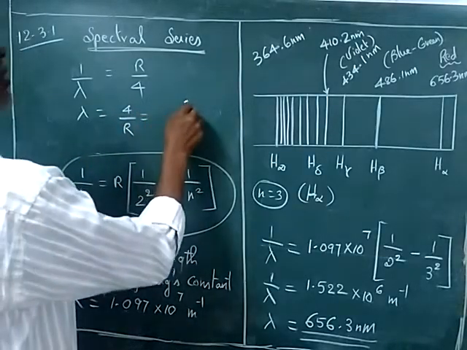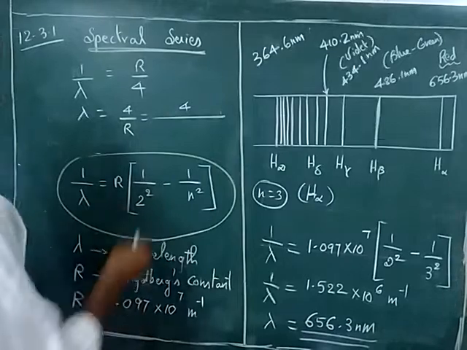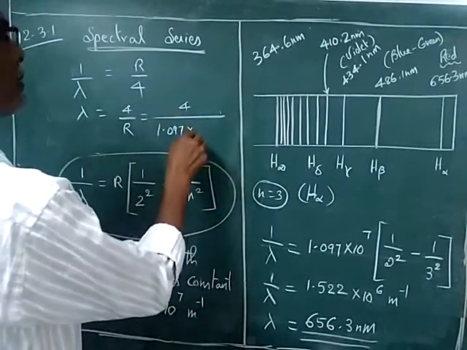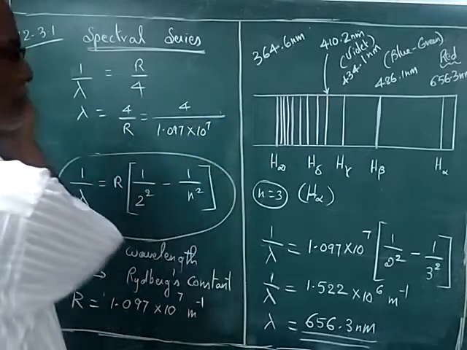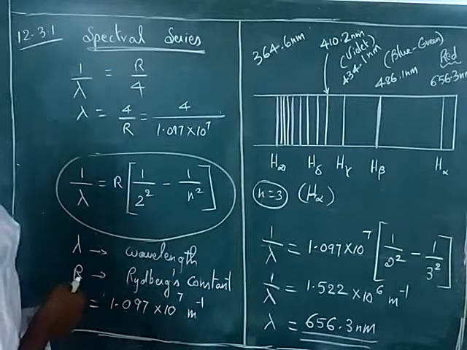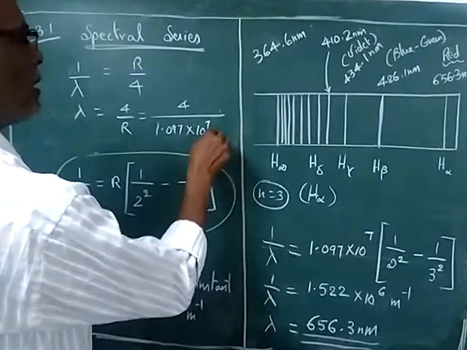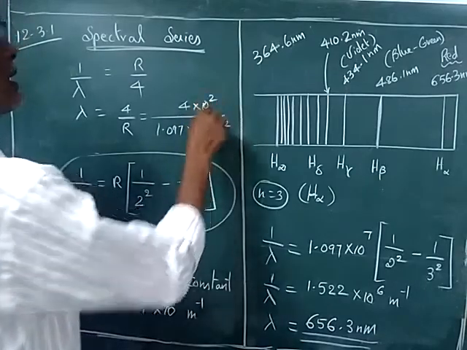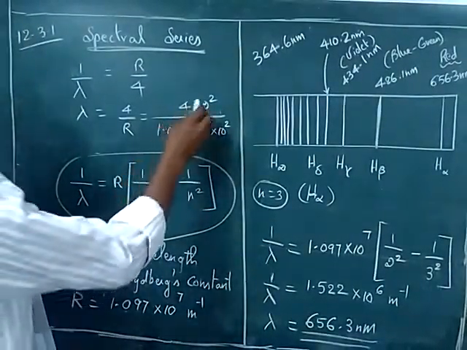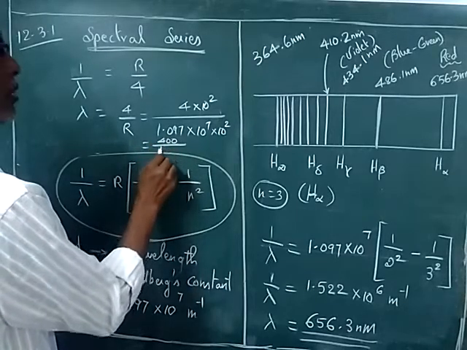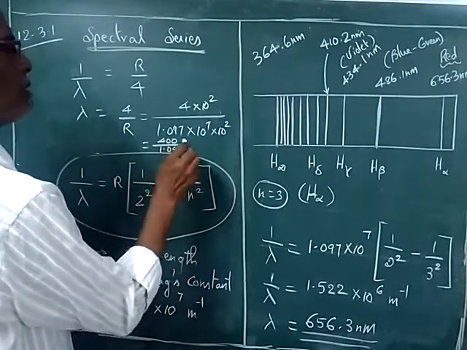Now we know the value of Rydberg's constant, which is 1.097 into 10 power 7 per meter. So you multiply by 10 power 2 in both numerator and denominator. This will become 400 divided by 1.097.